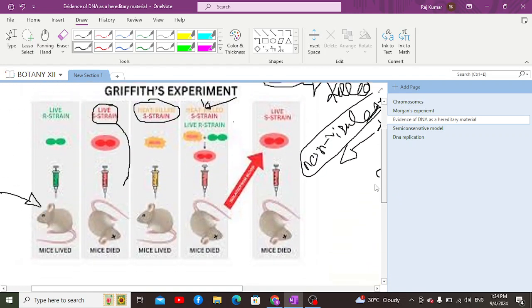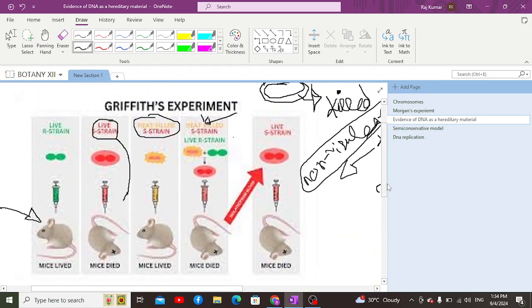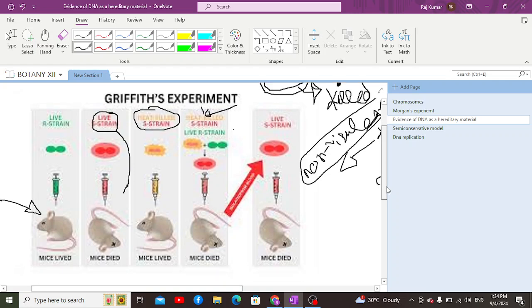When this was observed, he came to understand that some sort of hereditary material, genetic material, must have been transferred from the dead S strain to the alive R strain, which caused the mice to die, because the R strain would have become virulent.